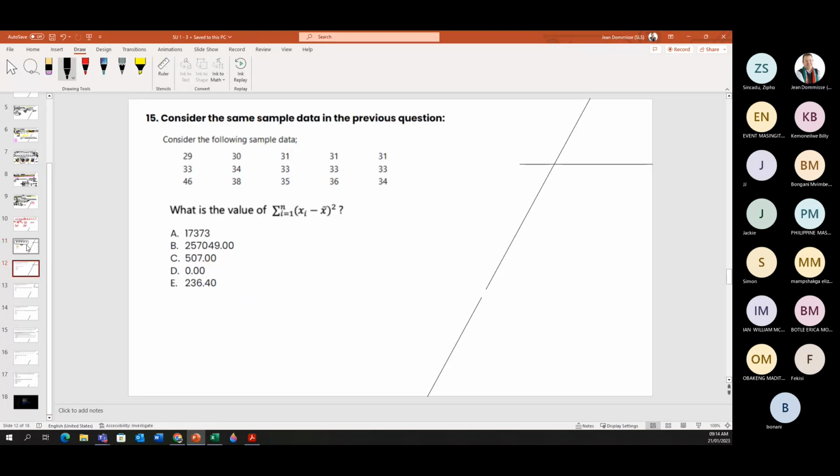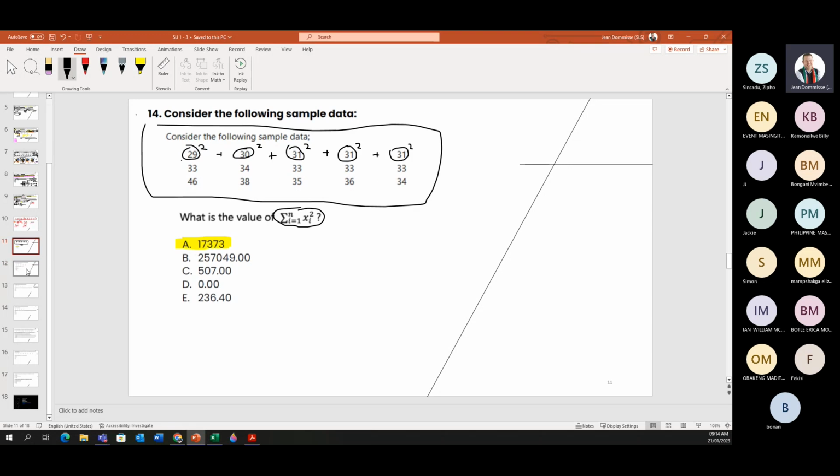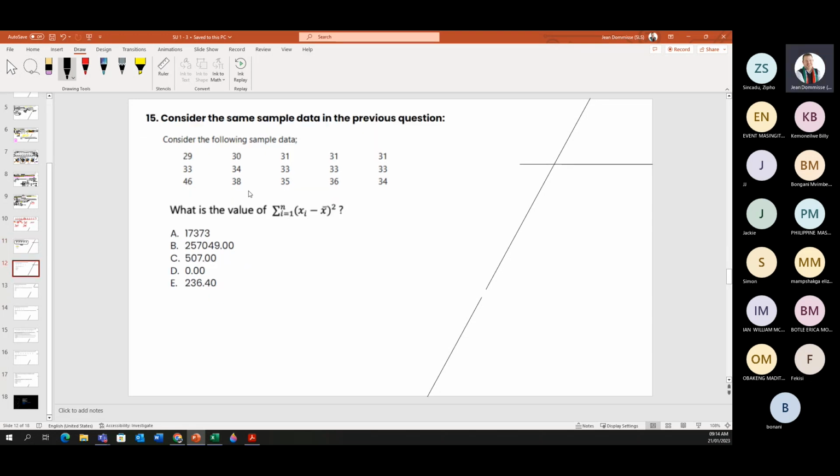Now on the same data, they're asking what is the value of the sum of xi minus the mean.